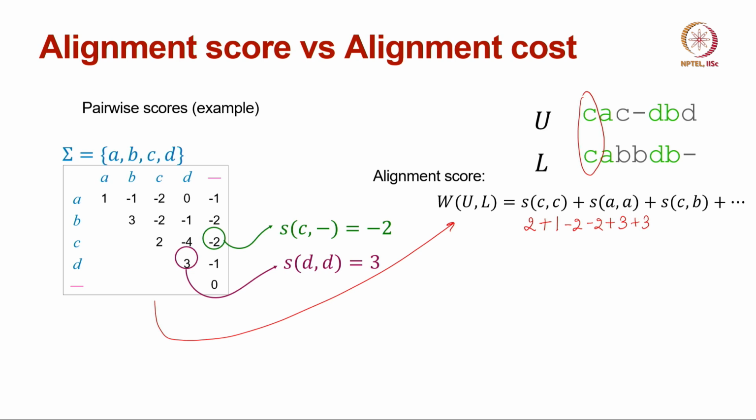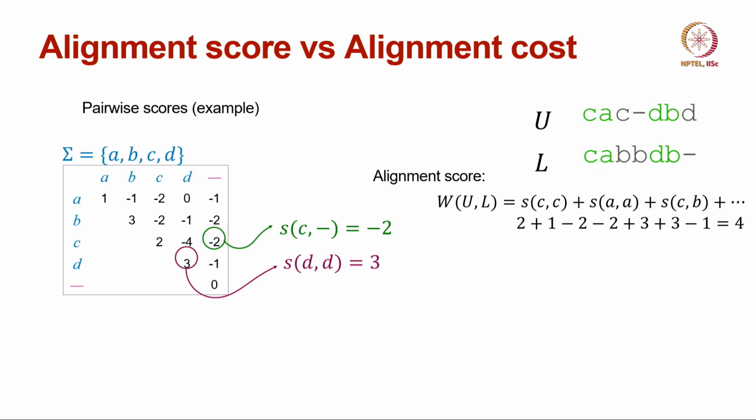For that we have a penalty of -1. So, if we simply add these up, we get a total of 4. So, under this scoring matrix, the alignment score between sequences u and l is 4. This gives you an idea of how, using a pairwise scoring matrix, we can define an alignment score of any alignment.